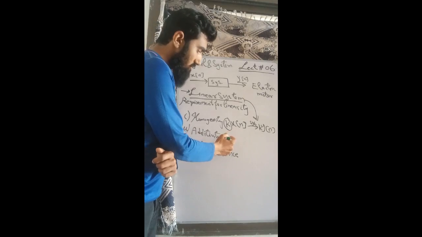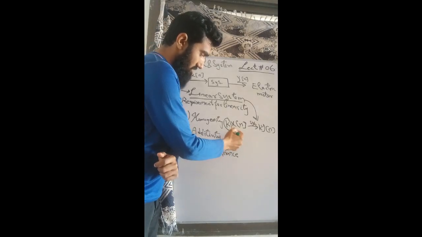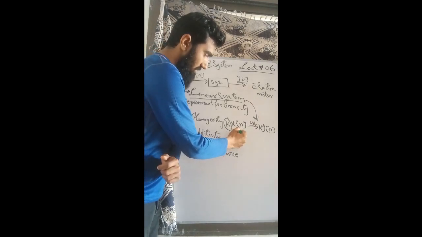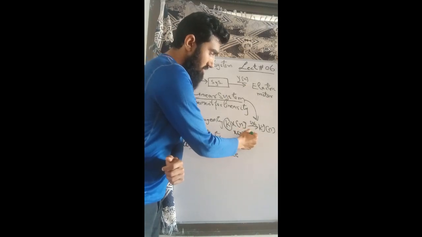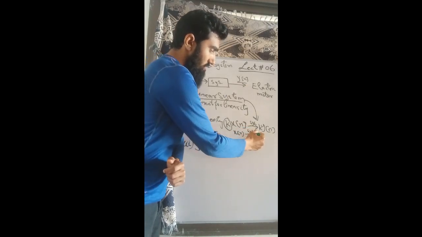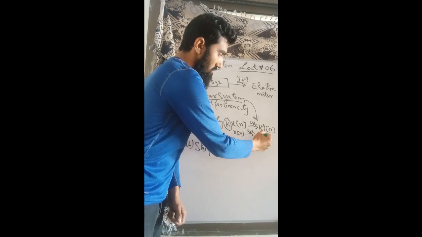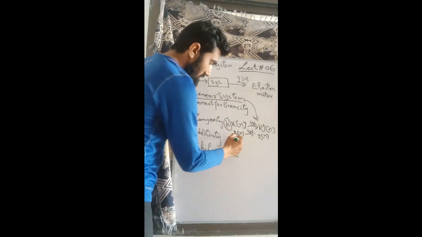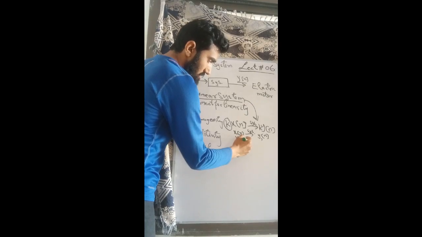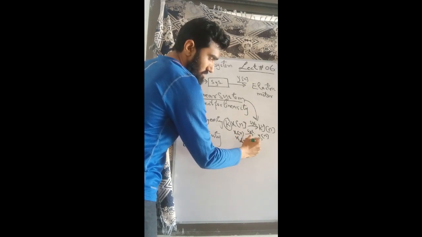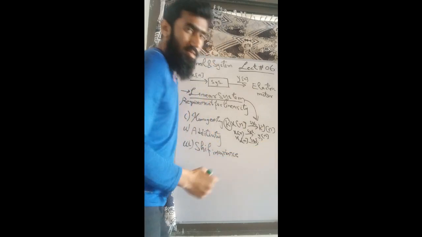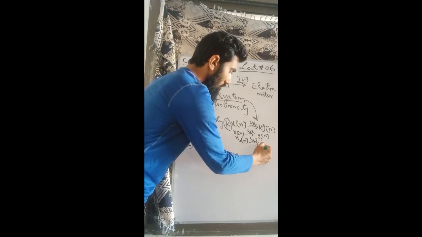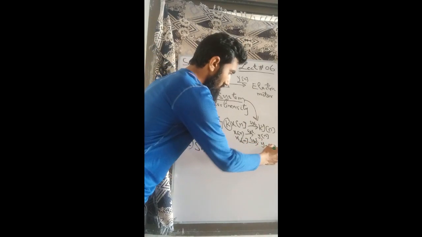Now the second one is additivity. What is additivity? Let's suppose I have a signal x1 of n, pass it through a system and get the result y1 of n, and I have a second signal x2 of n, pass it through the system and get the result y2 of n.